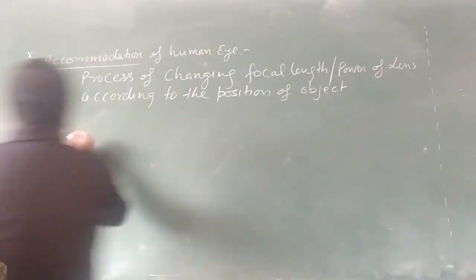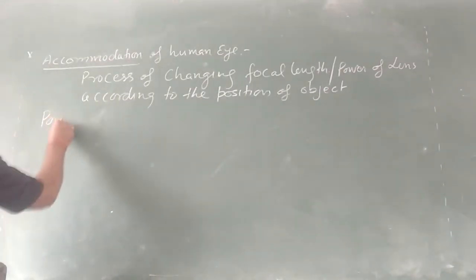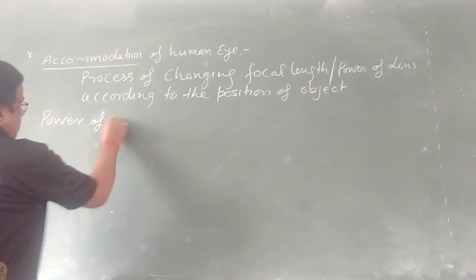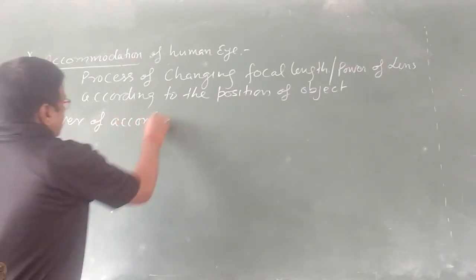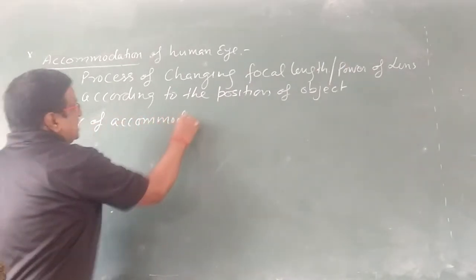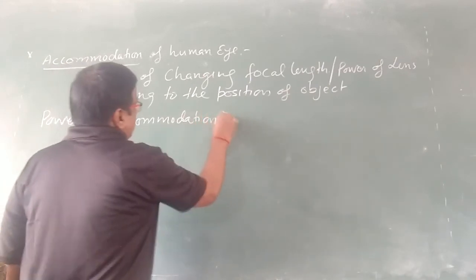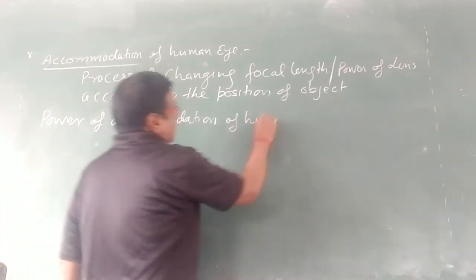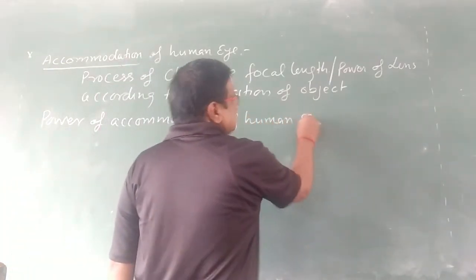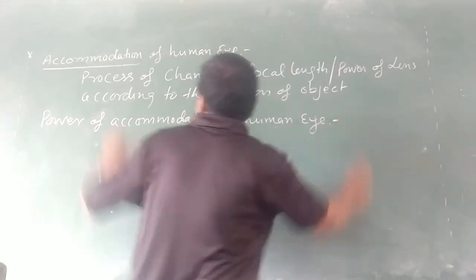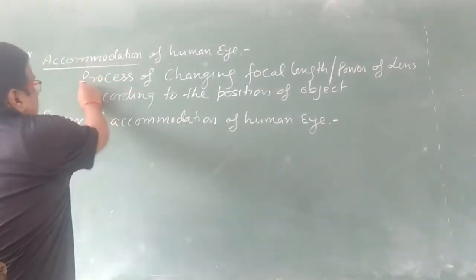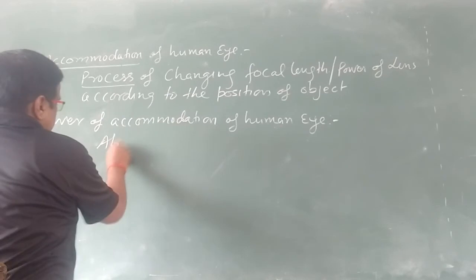Now, power of accommodation. What do we mean by power of accommodation? Power of accommodation of the human eye, or you can say eye. Just you have to change the word: ability.